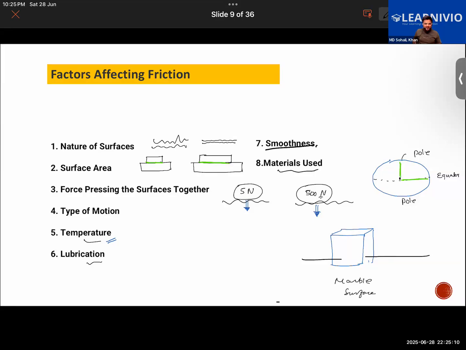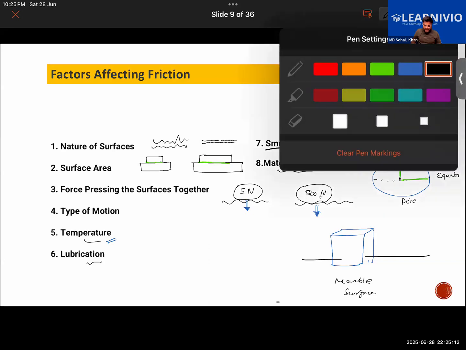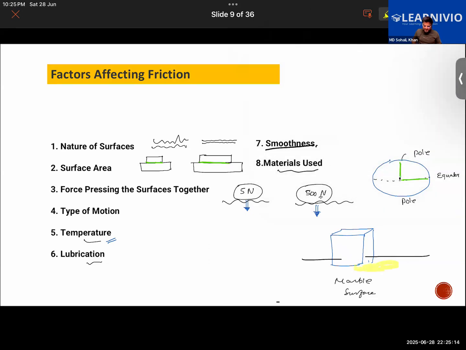It will be quite a difficult task. But if someone has spilled oil on the marble surface, then it will become much easier, because a lubricating substance has been used here. It reduces the friction. So how much lubrication there is between the surfaces also affects the friction.